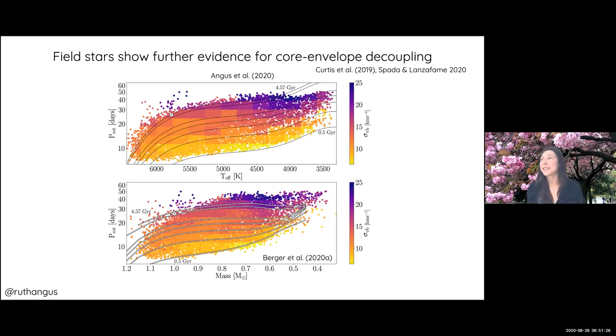I think it was at the AAS in January, which seems like years and years ago, I presented some preliminary results from this, and Sebastian Pineda came up to me at the end and suggested that instead of binning stars like this to make this grid, I draw a box in period and Teff around every star individually, and then calculate a velocity dispersion for each star based on the velocities of its nearest neighbors. I thought that was a great idea, and so that's what we have started to do now.